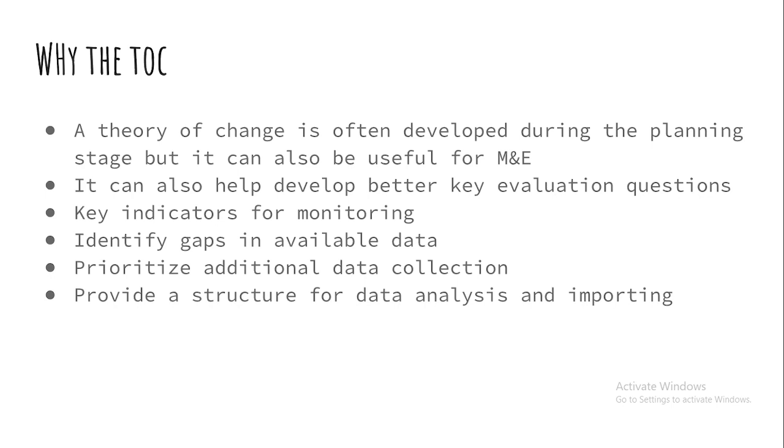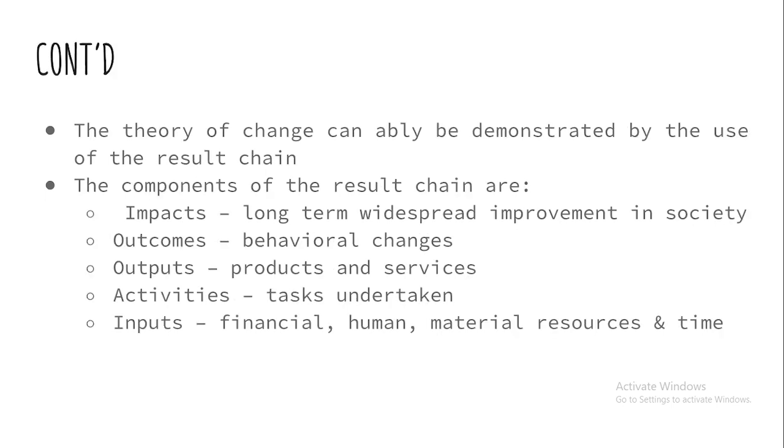In my earlier videos, you can look at the hierarchy of results. You can ably define your indicators depending on the hierarchy of results. It identifies gaps in available data, prioritizes additional data collection, and provides a structure for data analysis and reporting. All that can be done using the theory of change.